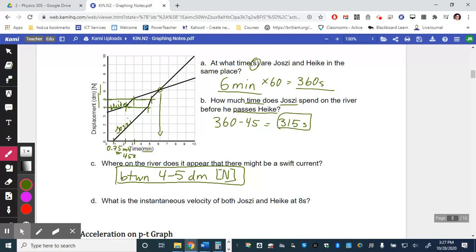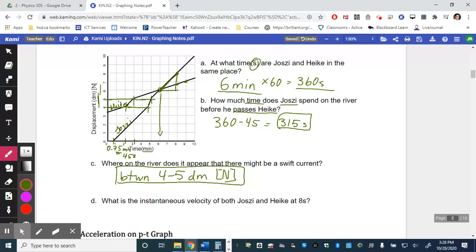So what's the instantaneous velocity at 8 seconds of both riders? Remember that if it's a straight line, the slope doesn't change. So I'm going to take 2 points. Here's a point, and here's a point. For this line, we take the rise over the run. The rise here is 2 decameters, and the run is 2 minutes.